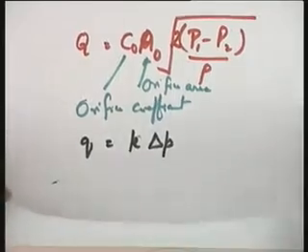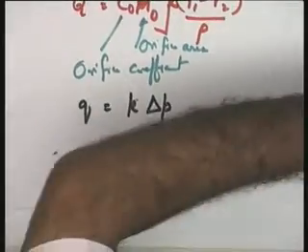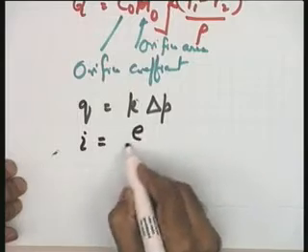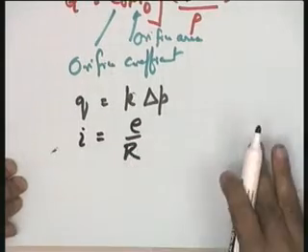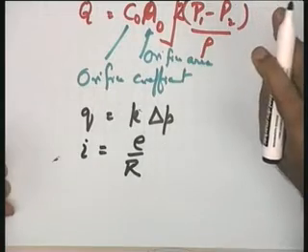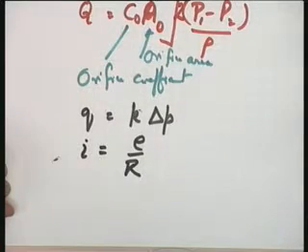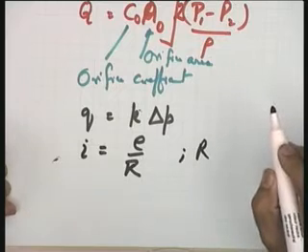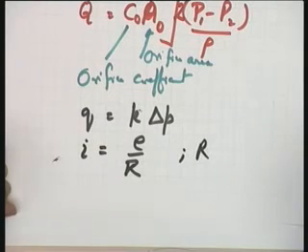Now, look at the analogy. You will find that this equation is like I equal to E by R. I is the current, E is the potential difference and R is the resistance. So, I can say the hydraulic resistance. Now, I am defining the parameter, please. From now onwards, K probably will not appear, it is R which will appear again and again.